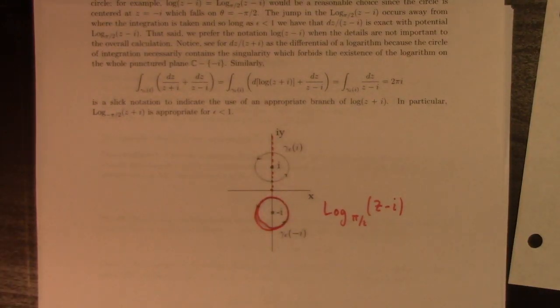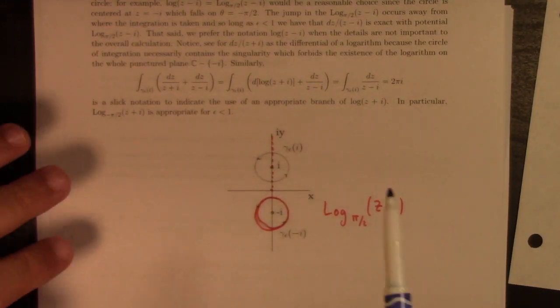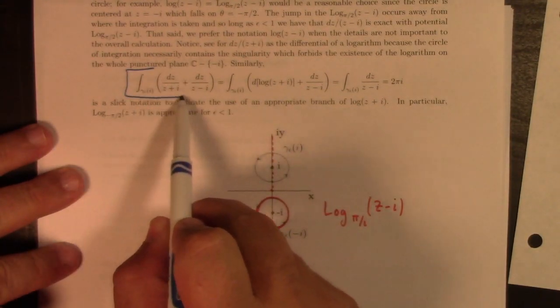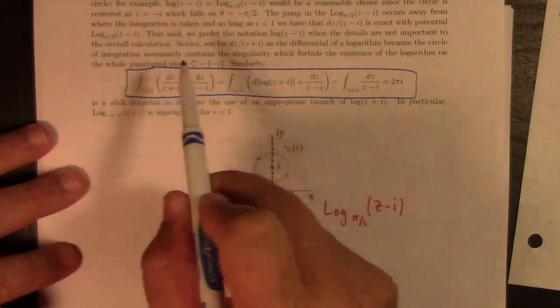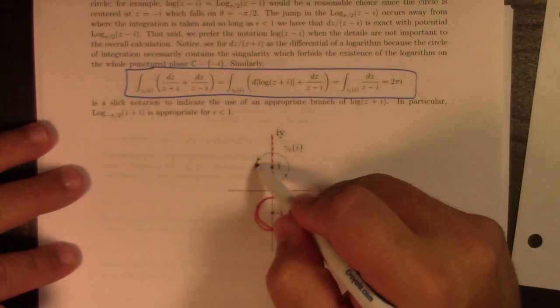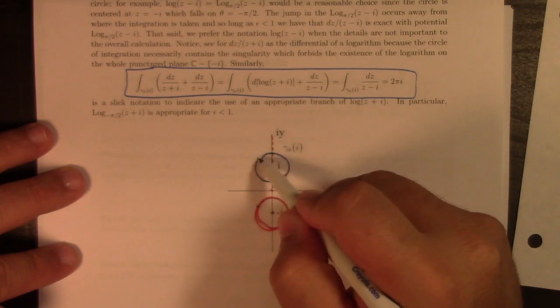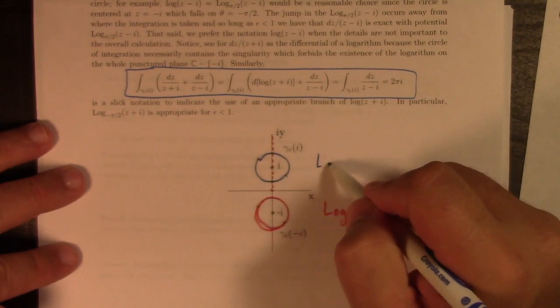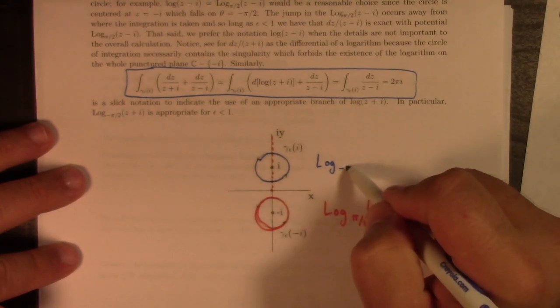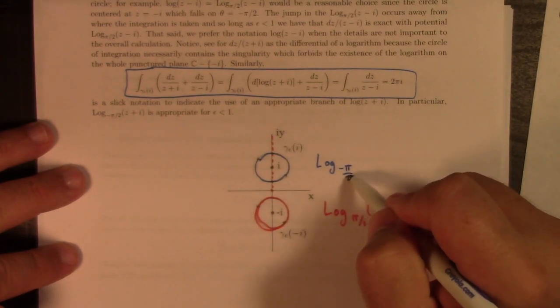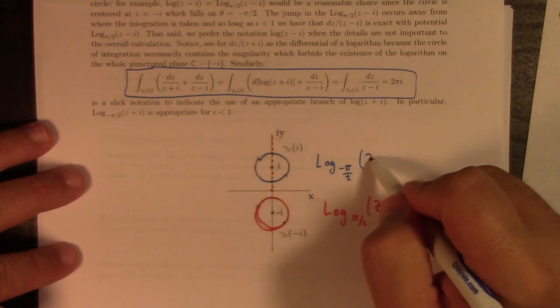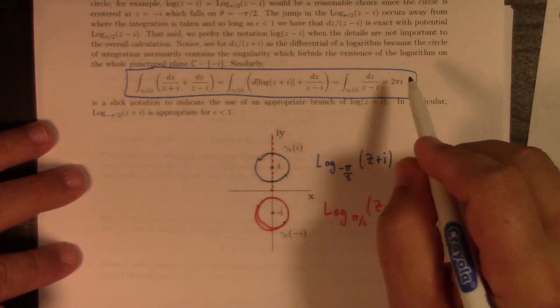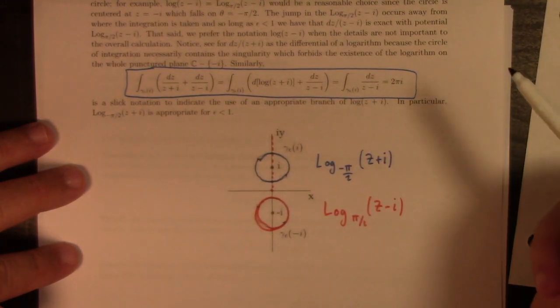And on the other hand, on the upper circle, to do this calculation, I have the differential dz over z plus i, so I could do, for example, log of minus pi over 2, z plus i, as a value I choose for that logarithm. It doesn't really matter which one I choose.